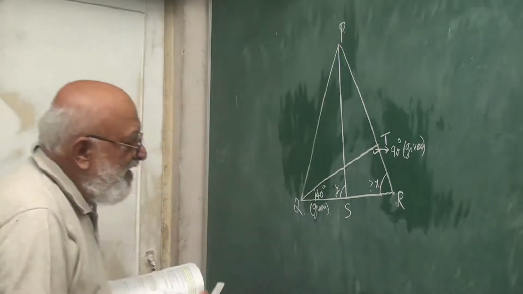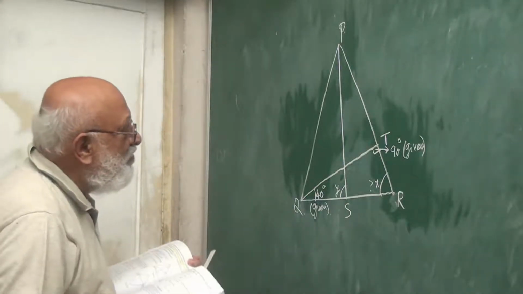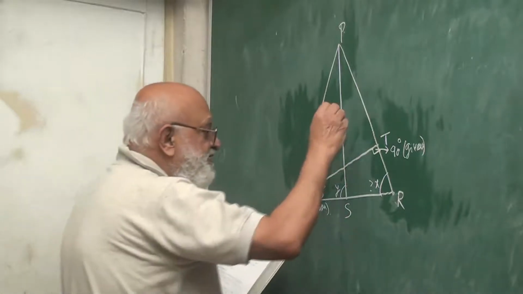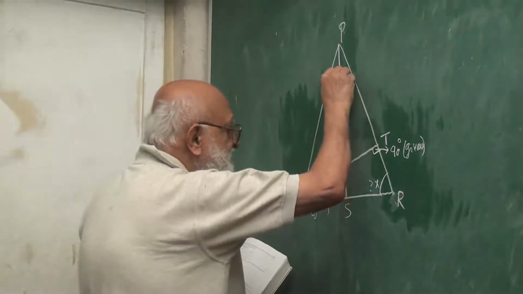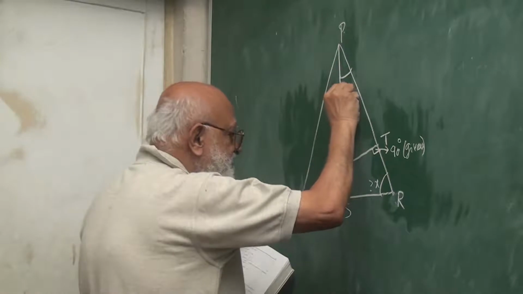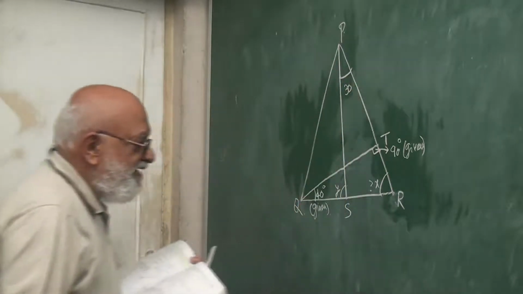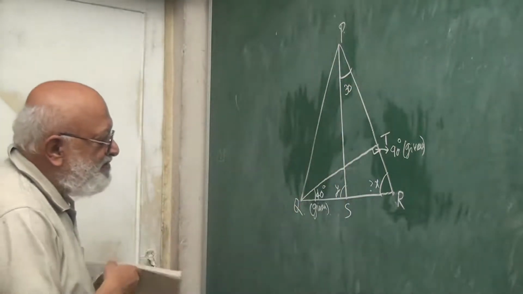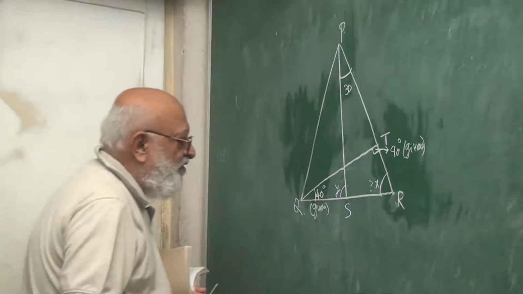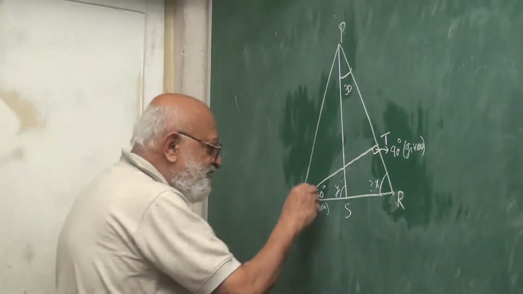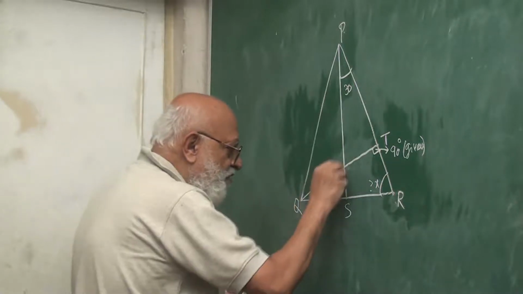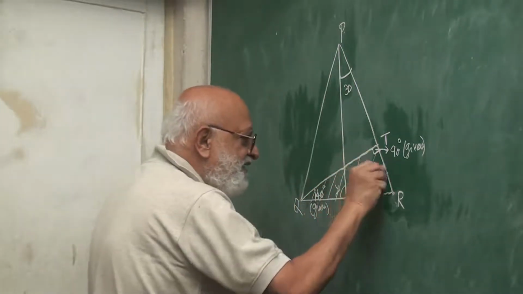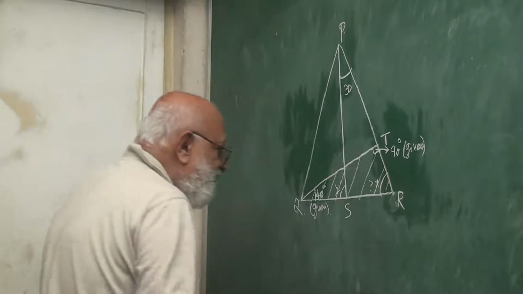Now we have to find out, the top angle is given here as 30. Let's see how we can solve this. First of all, if you see this small triangle, it is a giveaway. Why?